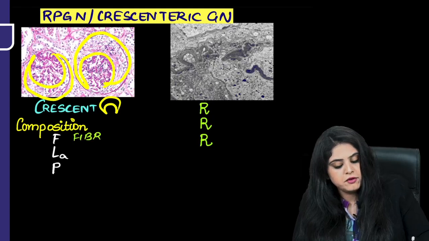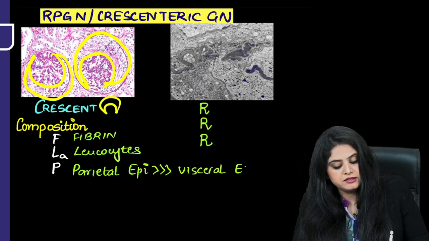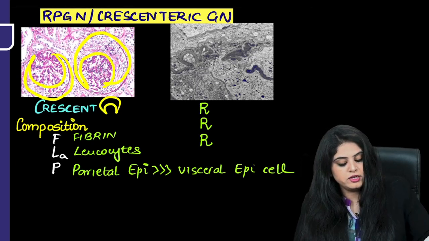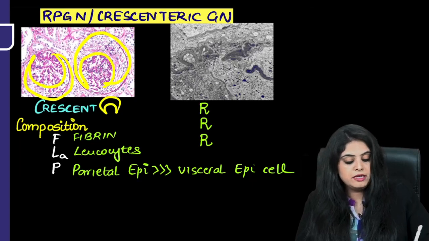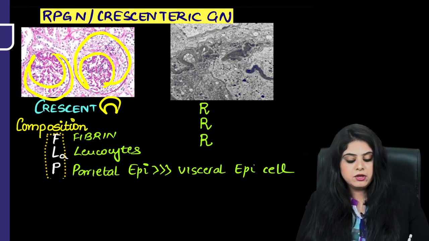It contains F for fibrin, L for leukocytes, and P for, please listen very carefully, it contains parietal epithelial cells, and it can also contain a little bit of visceral epithelial cells. So flap I've kept as a mnemonic so that you know ki haan, predominantly what you have is P for parietal only, but little bit of visceral cells can also be there in a crescent.